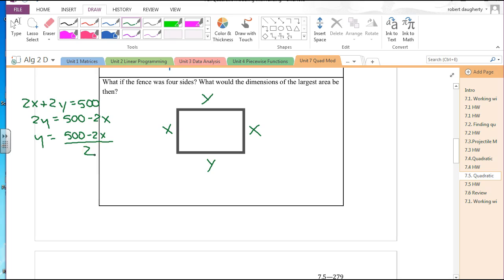Or I could just write this, y is equal to 250 minus x. Okay. So in solving this for y, this is 250 minus x. So what is the area of this rectangle?